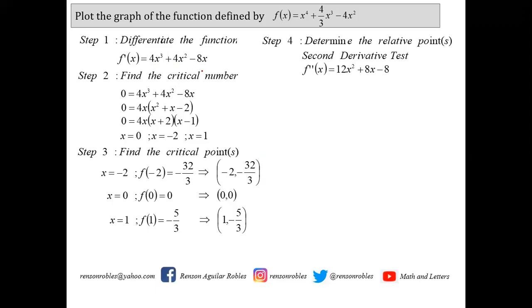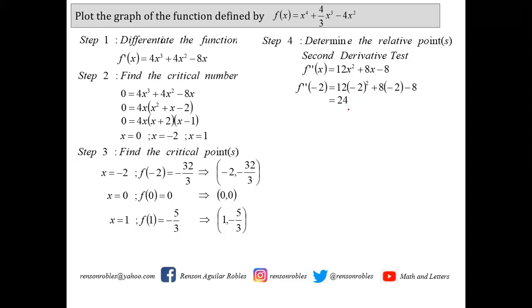After which we shall replace x here by 0, by negative 2, and by 1. So we shall have f double prime of negative 2. We have 12 times negative 2 squared plus 8 times negative 2 minus 8, and then we got 24.